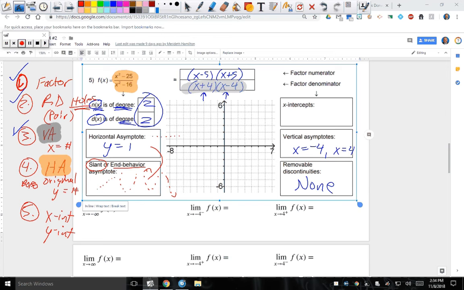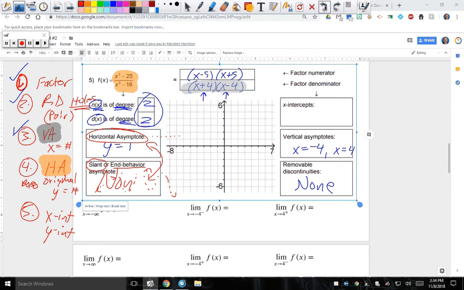You with me? Slant is just, there's a difference between the top and bottom by 1 power, which makes it an x to the power of 1, which is a line. Okay? So again, let me remind you, it will either have this and none here, or none here for the horizontal, and you'll see the equation right here. Okay? Not both, but just one or the other.